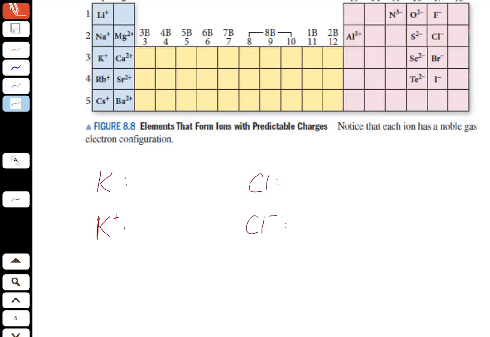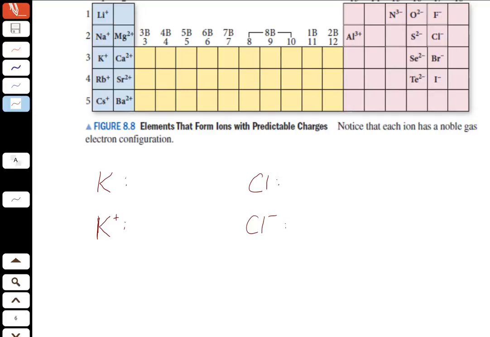Yes, they're the exact same, right? They both have noble gas configuration. So let's write those. So potassium is argon 4s1. The potassium ion is argon.